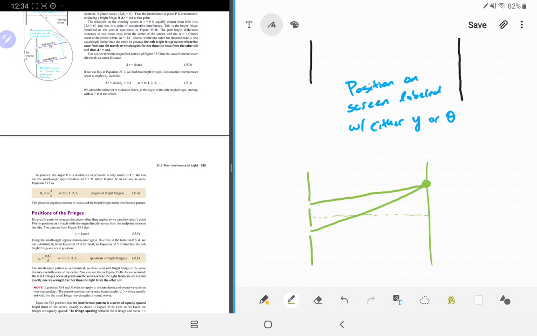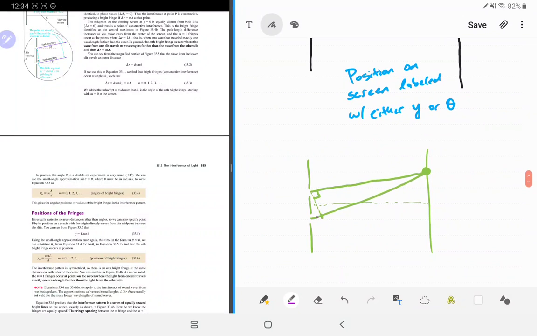If you look at all the proofs of how they derive the path length difference, books will draw a line that's perpendicular to the shorter path. In other words, the distance from here to here is the same as the other path. So the path length difference is just this little piece right here.